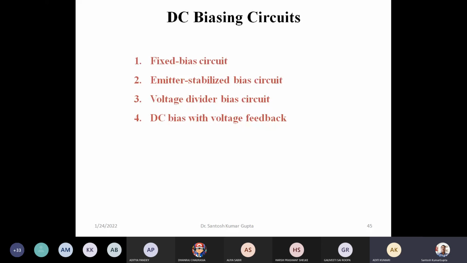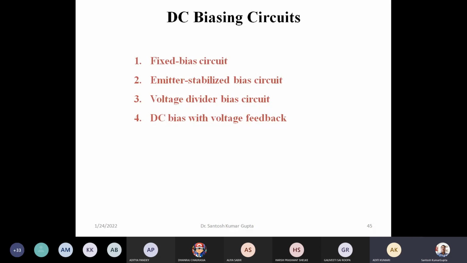So DC biasing circuits we actually use to avoid the use of two independent voltage sources. Voltage sources are very bulky and costlier, so we don't want to use multiple voltage sources.